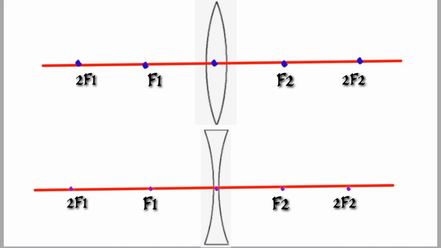That means we mark F1 and F2, and instead of C1 and C2, we mark 2F1 and 2F2, that is, double the focal length from the optic center. These are the normal points we have to mark on the principal axis while drawing the ray diagrams.